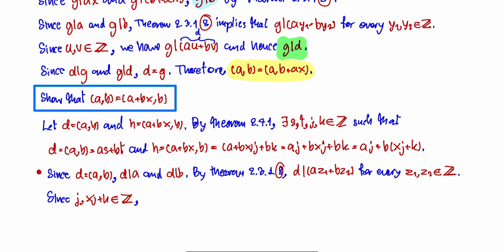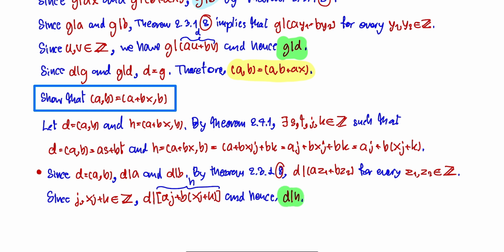We've got D divides AJ plus B, where Z2 is now XJ plus K. This term right here is H, and hence D divides H. Okay, right now we have D divides H.